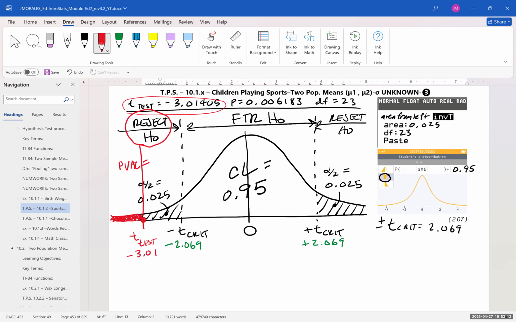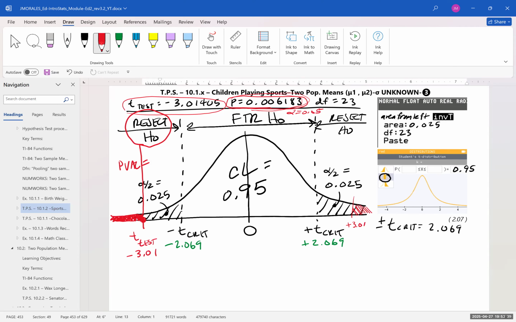Now, something to consider is that this p-value that we got came from a significance level equal to 0.05. So this p-value is actually the value in this tail on the left, as well as a similar tail over here on the right, but at a positive 3.01.